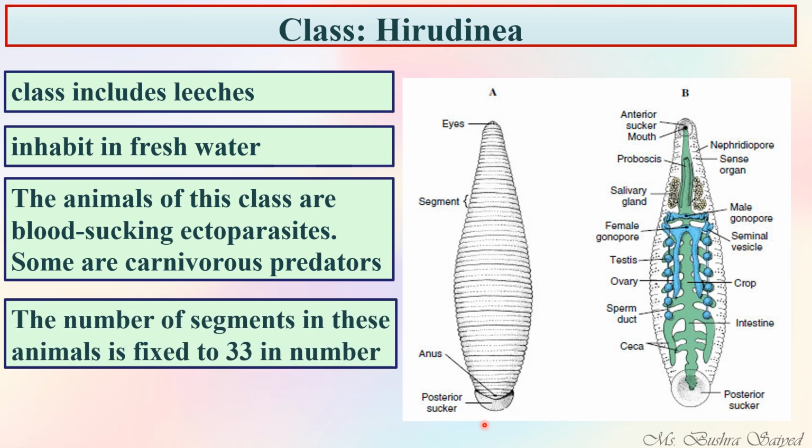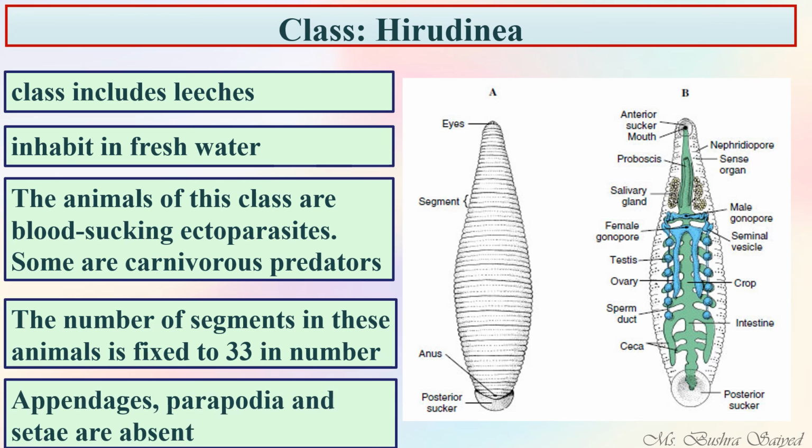Some of them are carnivorous predators. They have a fixed number of segments over their body, that is 33 segments. Here in the diagram you can see the external and the internal structure of the leech. Appendages, parapodia and setae, all three of them are absent.